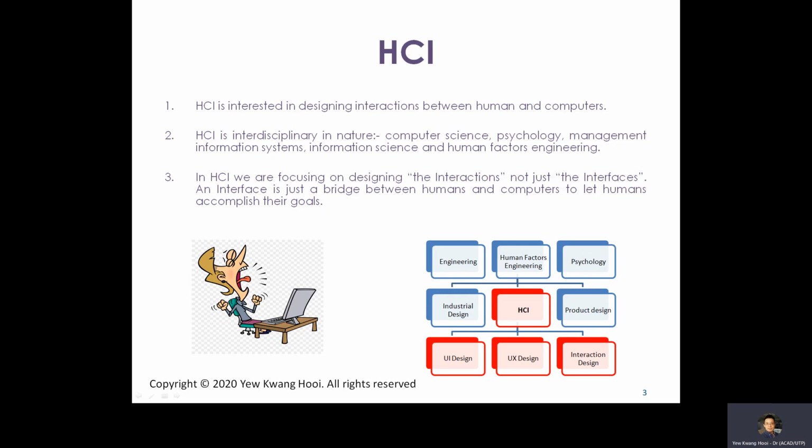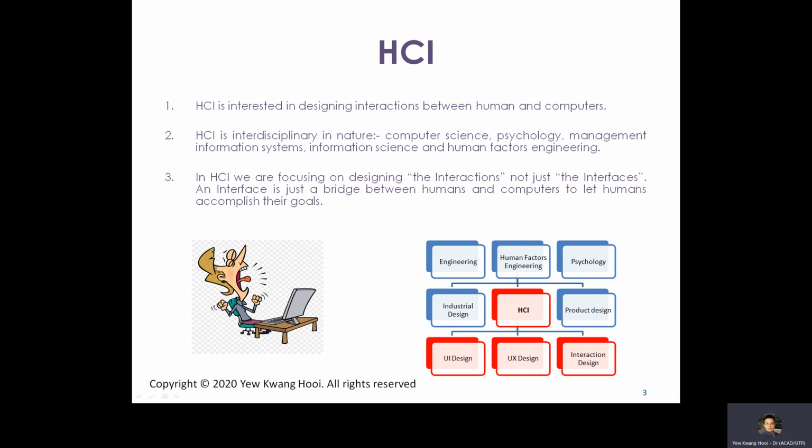HCI is interdisciplinary. That means you not only need to know computer science, but you also need to know about the psychology of how humans interact with machines, management, information systems, information science, how we process information, how much information we can overload ourselves with, how much our retention is.